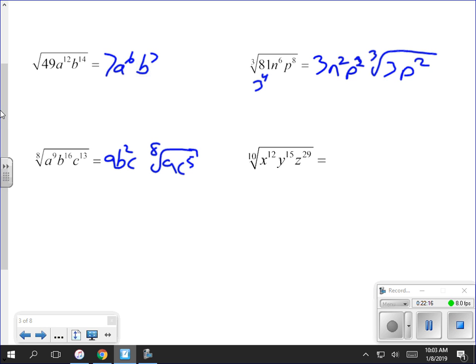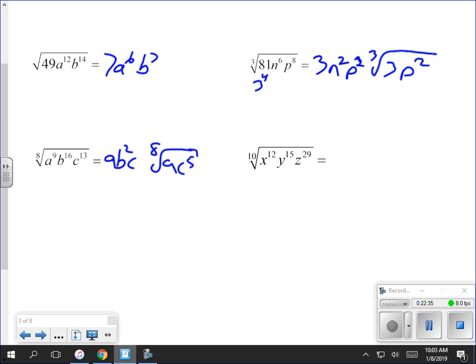And the last one, this is actually really, really easy, because it's divided by 10. So your 10's unit is your power on the outside. Your 1's unit is the power left on the inside. 10 goes into 12 once remainder 2, once remainder 5, twice remainder 9.